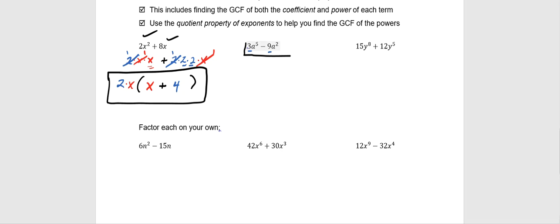So I know the greatest common factor of 3 and 9 is 3. Now, if I divide 3a to the 5th by 3 by virtue of factoring, that's going to give me a to the 5th. And if I divide 9a squared by 3, that's going to give me 3a squared.